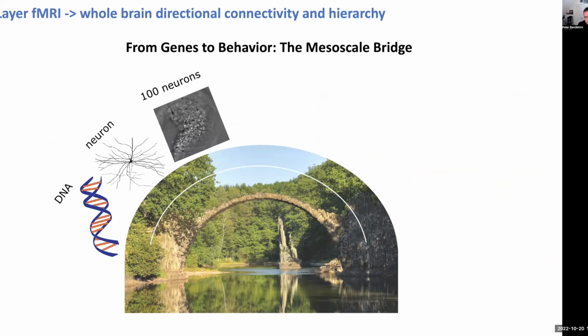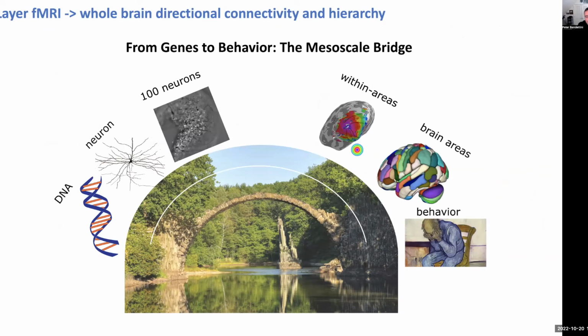So layer fMRI, for those of you who don't know, is basically a way of bridging this gap between these very invasive approaches of looking at individual neurons or groups of neurons with calcium imaging, and typical fMRI that looks at either blobs, correlates that with behavior, or looks within areas. It turns out that one of the more interesting scales of brain function is at the columnar and layer level.